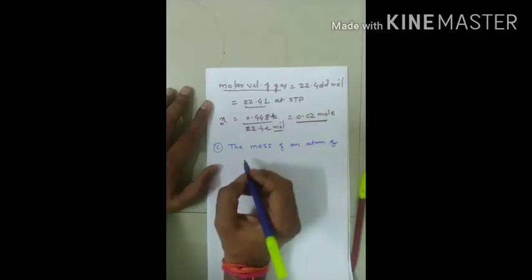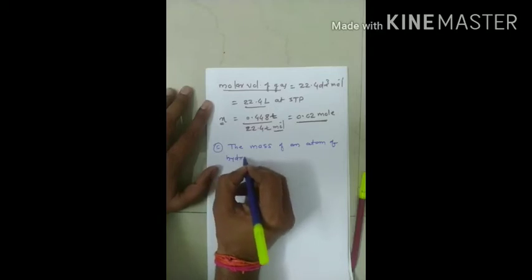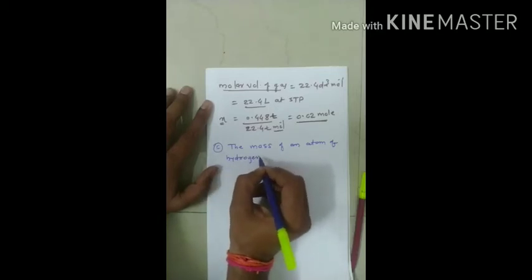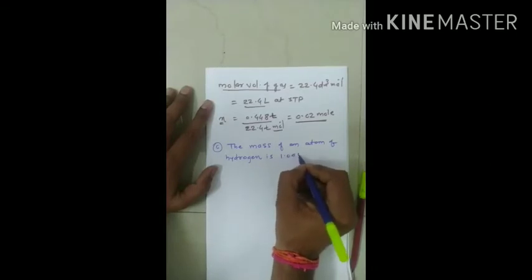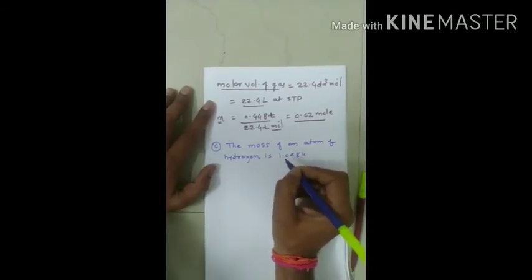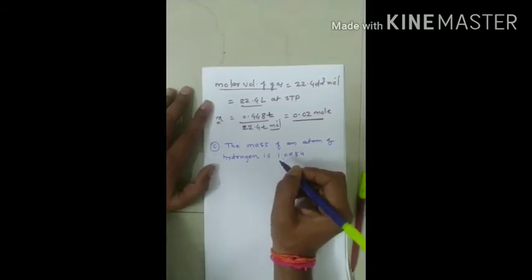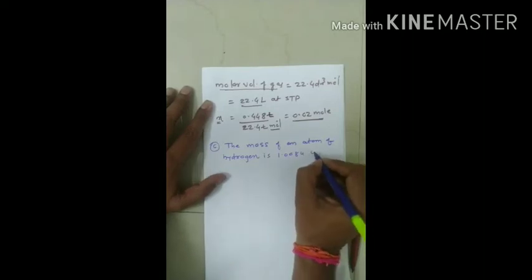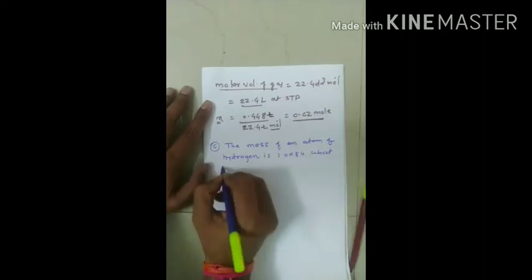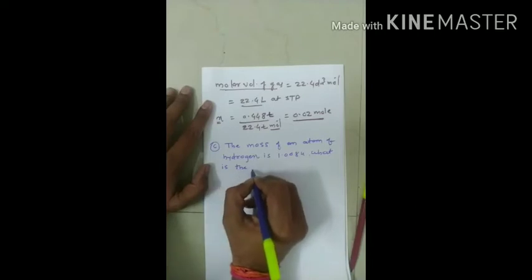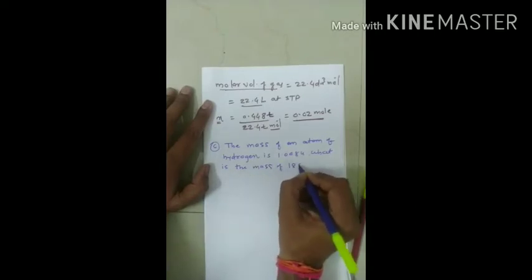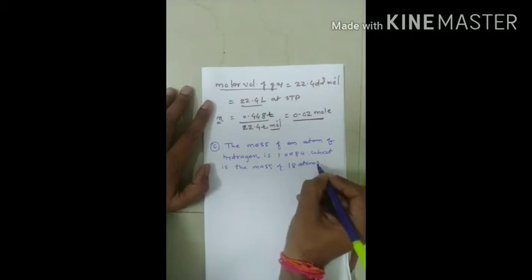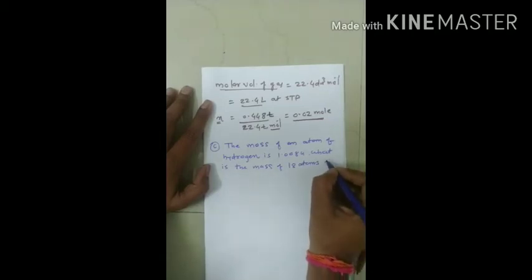is 1.008 U, or we can write it as AMU. What is the mass of 18 atoms of hydrogen?